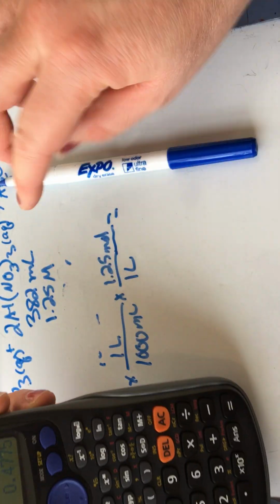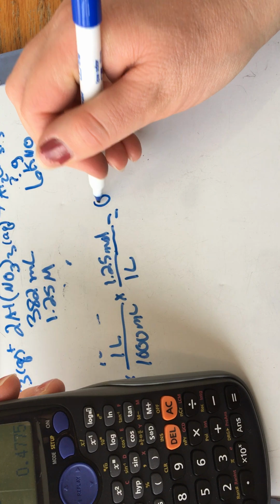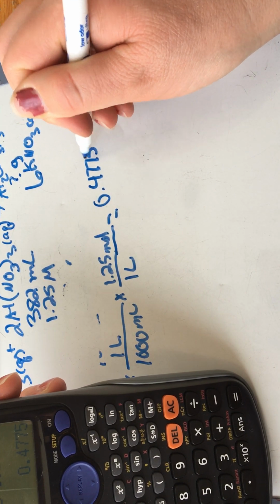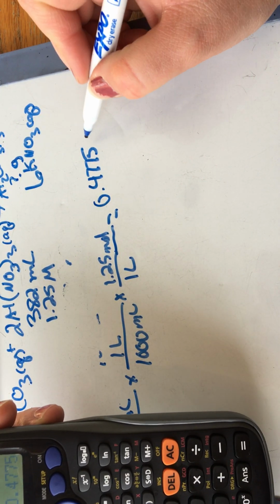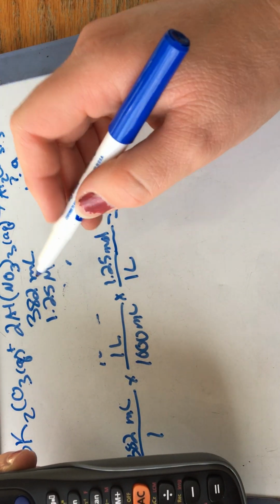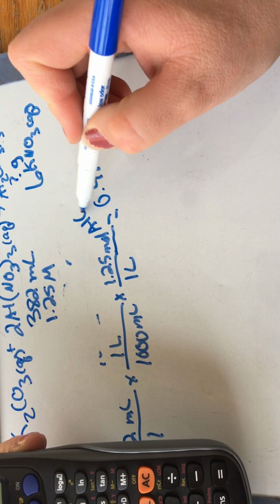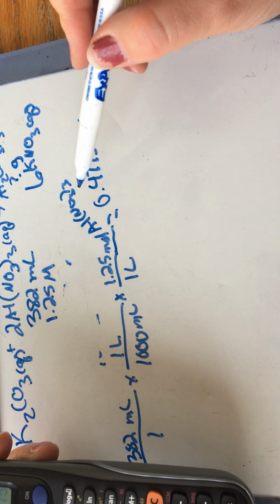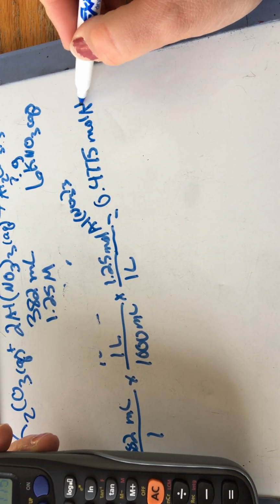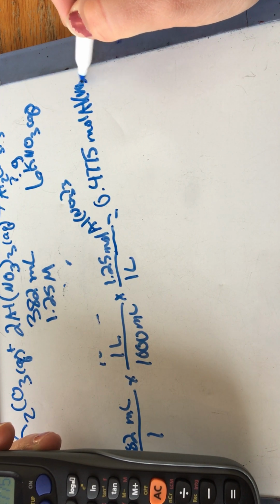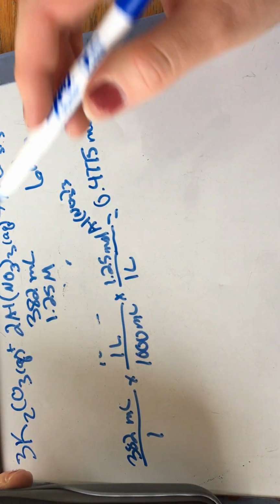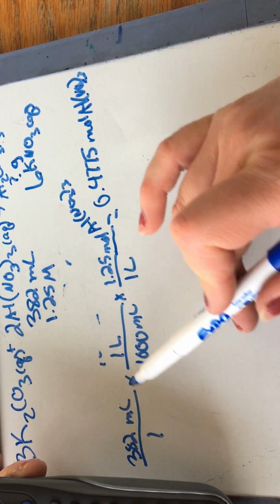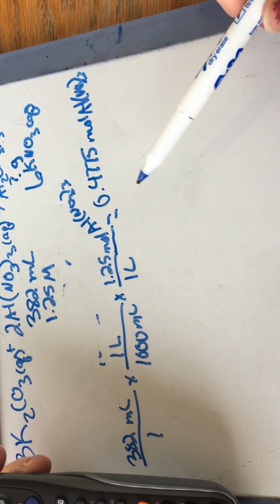And we have 0.4775 moles. And this would be specifically AlNO3. I should have been technically writing that the whole time, but I didn't. So that is all one, it would be the same for all four of those.